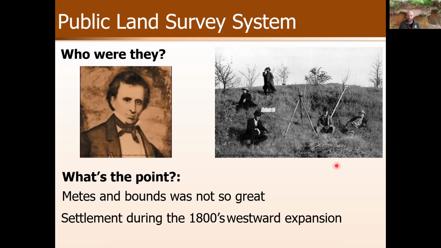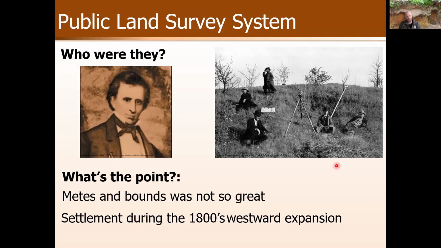Before the 1800s westward expansion, land in what is now the United States of America was subdivided using a method called metes and bounds, which is inherited from Europe and England. And that really was like take 27 paces in this bearing and then go to the rock. And then at the rock, you go 112 paces and then back to the river. And then essentially just subdivided space.